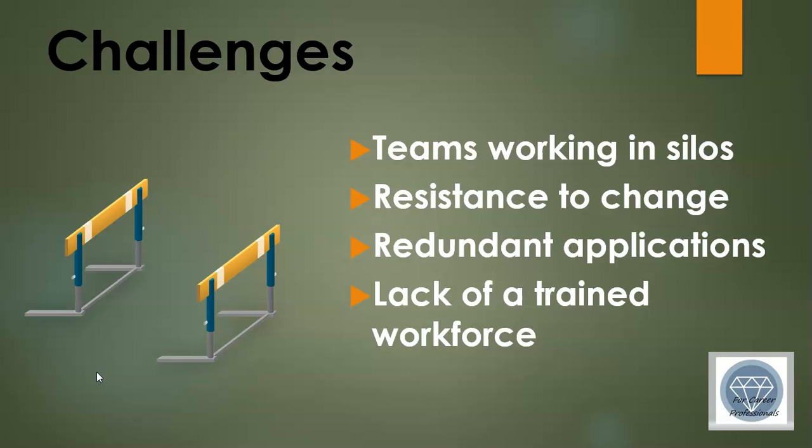You have teams working in silos, so you have two or more teams that may be working on similar functionality and developing systems or applications that are doing the same thing. So in essence, you have duplication of efforts because of lack of communication and people not providing enough transparency from their line of work to others within the organization.